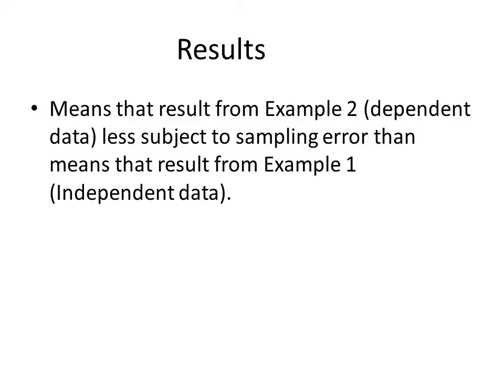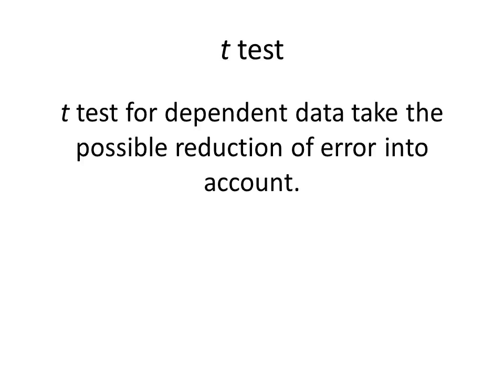We say the means that result from example 2 are less subject to sampling error than means that result from example 1. So dependent data is less subject to sampling error than independent data. So you can see how that actually operates through this sentence.